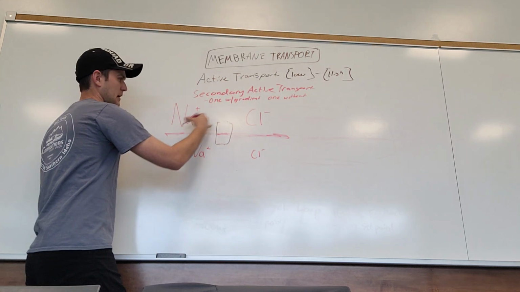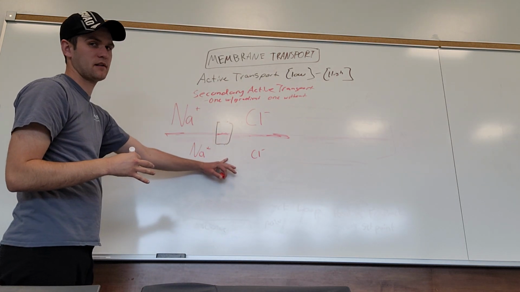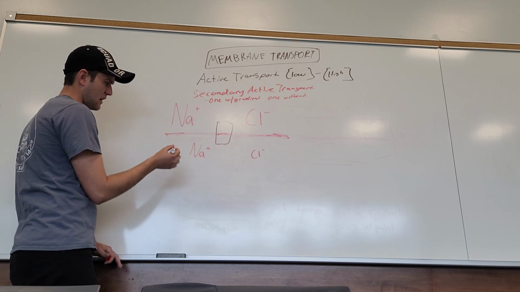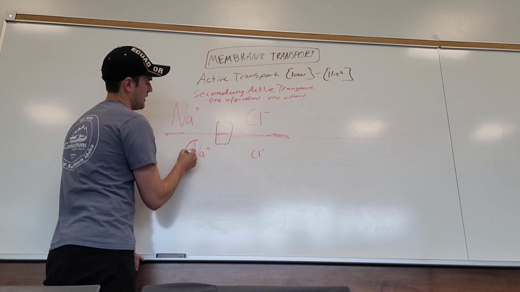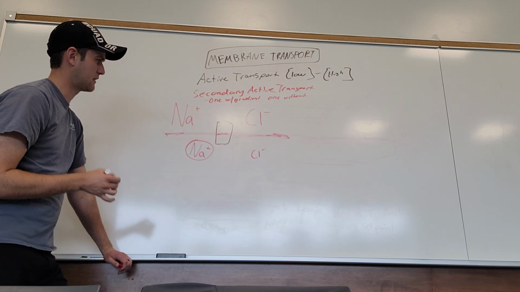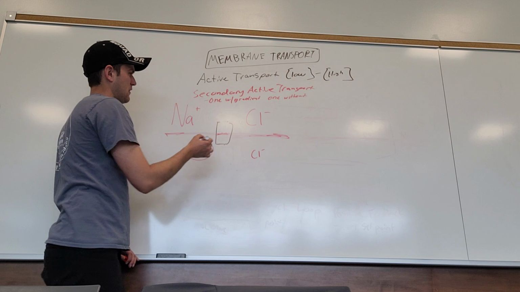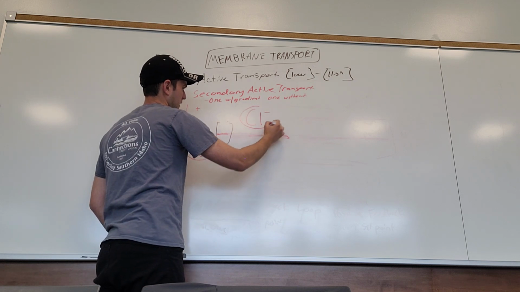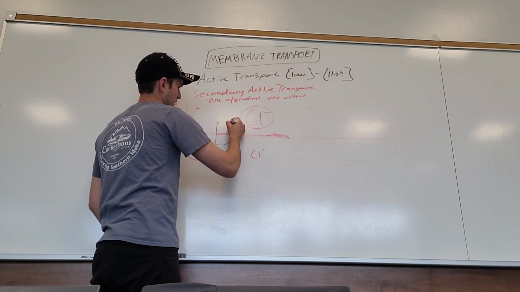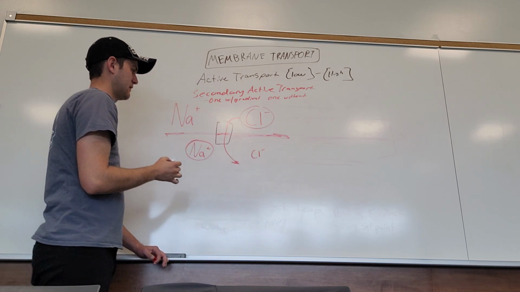So we have sodium and chloride, both high on one side of our cell membrane and both low on the other side of the membrane. Our end goal is we want sodium on the outside of the cell, to maintain this gradient. So what we're going to do is our chloride is going to go down its high-low gradient into the cell.